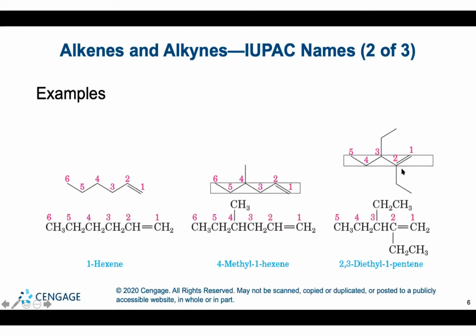Because I reach my double bond sooner. But when I write it down, we make sure that we go with alphabetical order, the same as for alkanes. We go with alphabetical order when we write down the name. So it's going to be first the ethyl group and then the methyl group. Just a heads up for that.